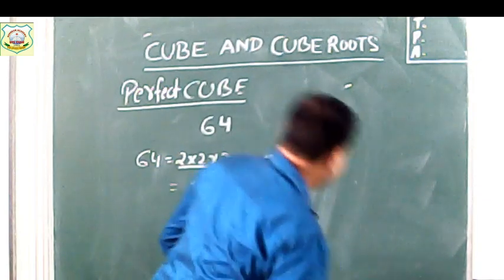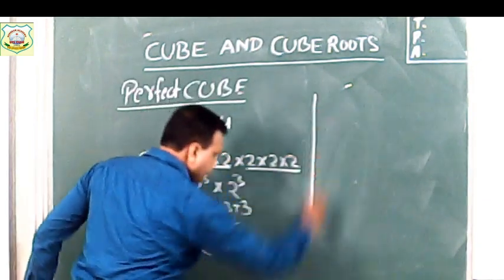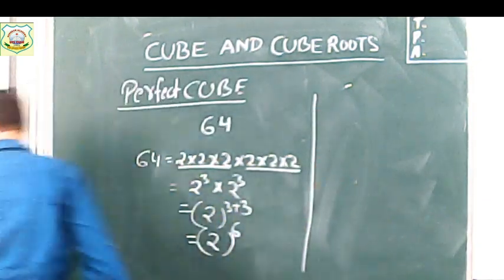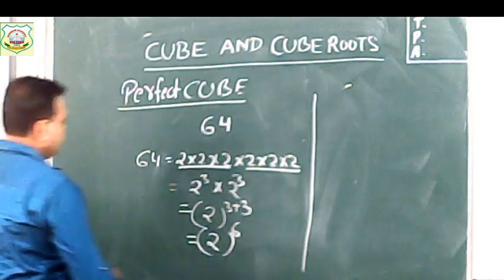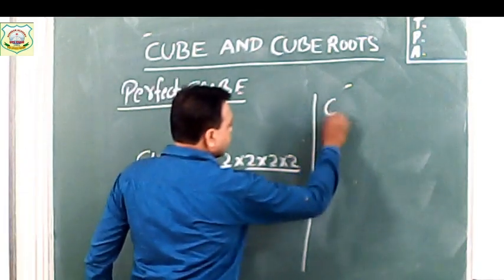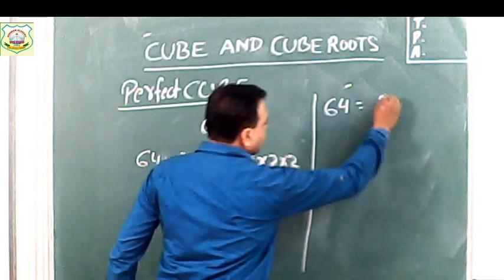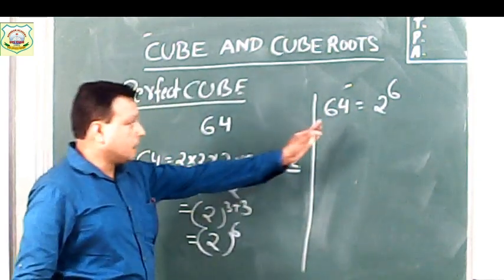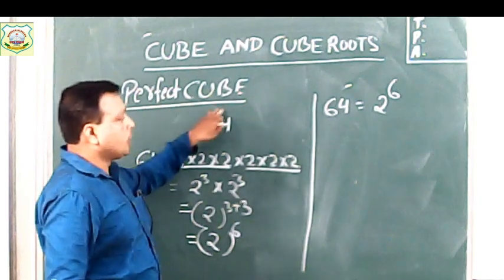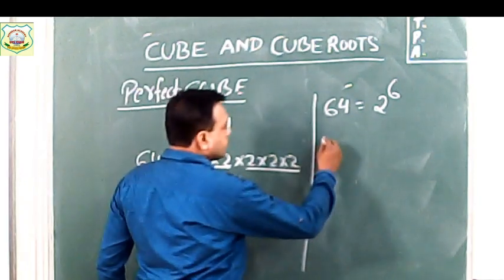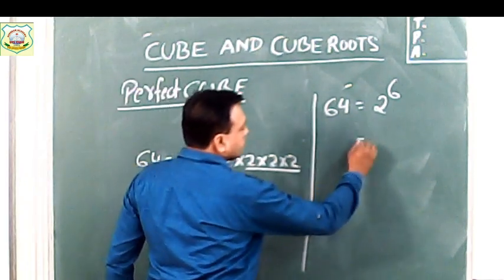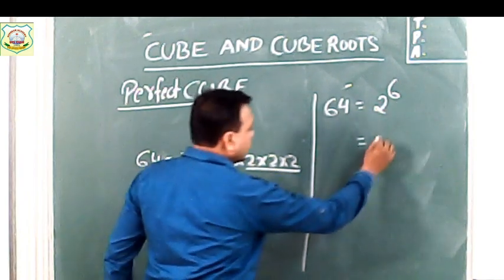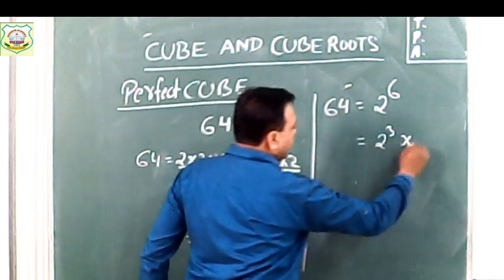So 64 equals 2 power 6, and you want to check whether it is in the form of a perfect cube or not. Here we have got 2 power 3 into 2 power 3.